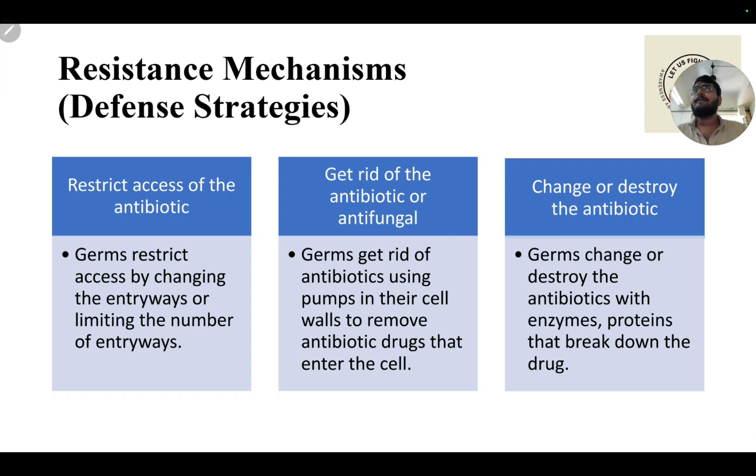The third significant mechanism by which they can exhibit resistance is to bring about some chemical modification, or to destroy the antibiotic. Microorganisms may produce enzymes to break an antibiotic down. This example is especially for people from a non-scientific background. The way you have enzymes in your digestive system to break down the food materials that you consume, similarly microorganisms can secrete enzymes which will break down the antibiotic.